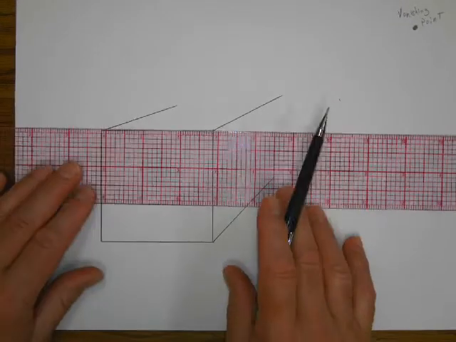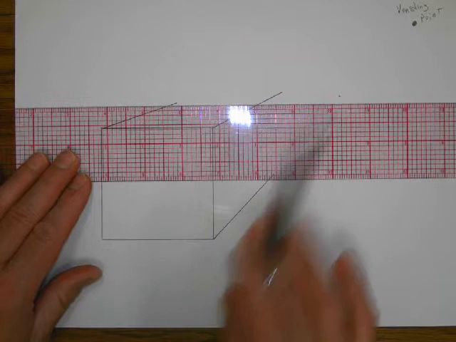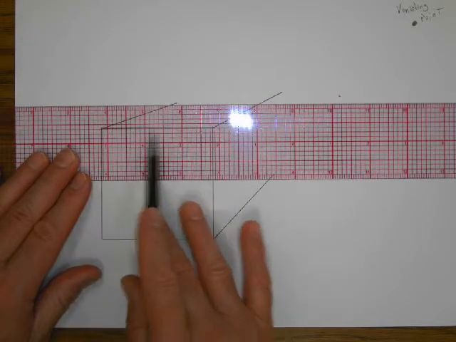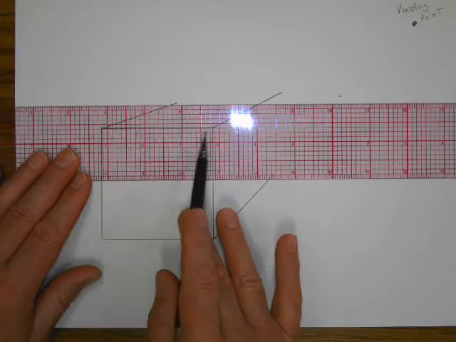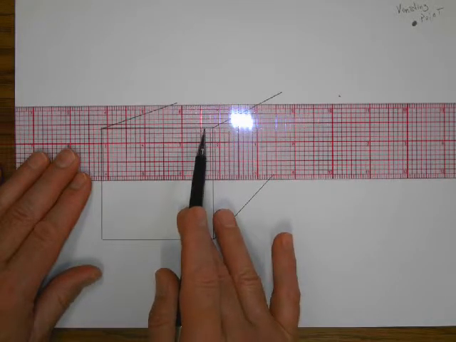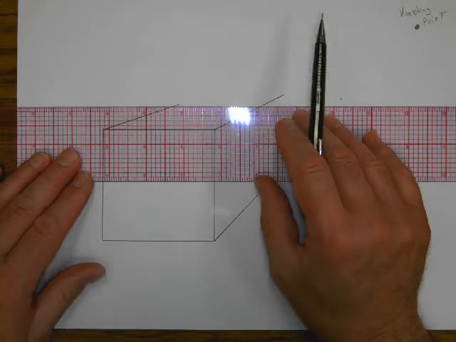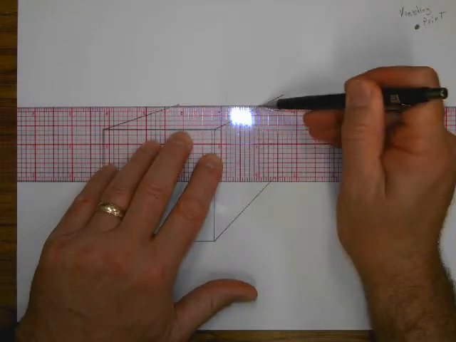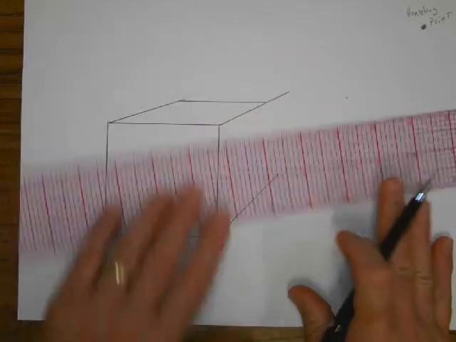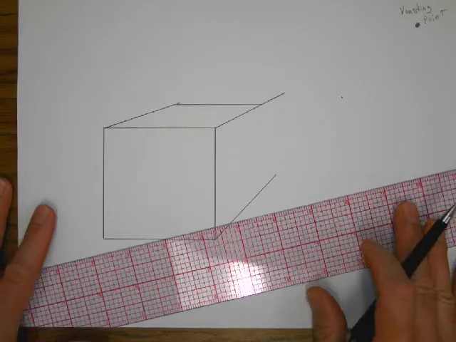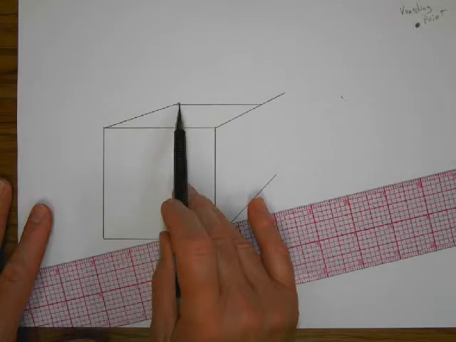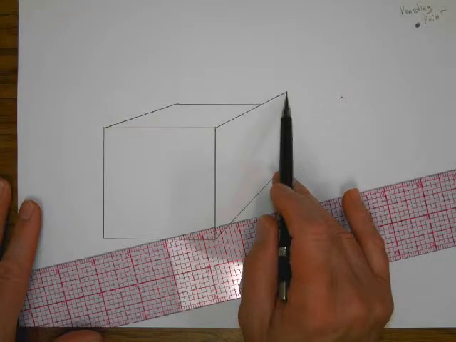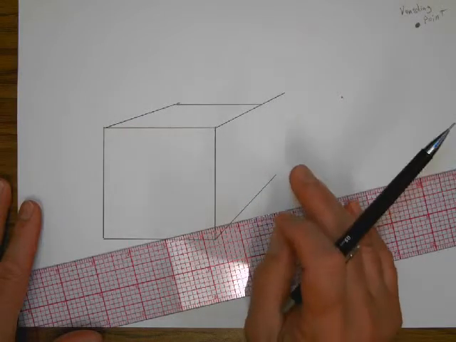So if I take my ruler like this, and I look through my ruler and line up one of the guide marks with this front line, then I can draw the back line parallel to the front, like that. Okay? The mistake most people make is they take the end of one line and then just connect it to the end of the other line. That is incorrect, and you will not get points for doing that.